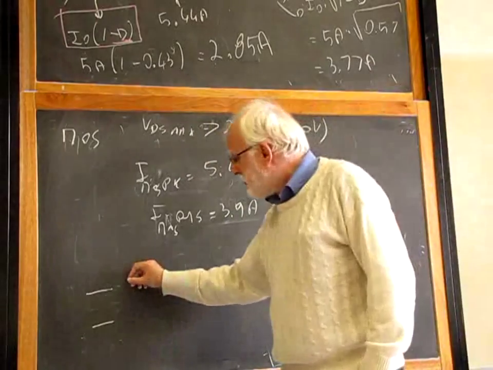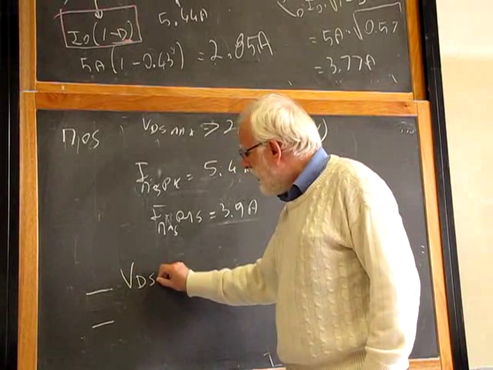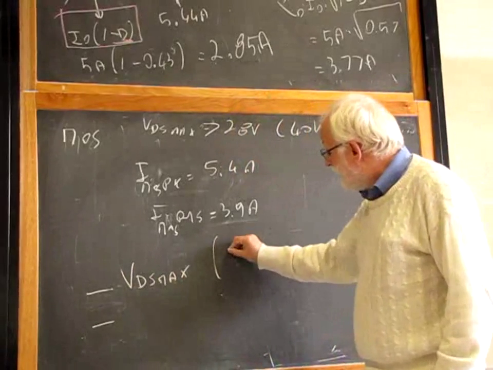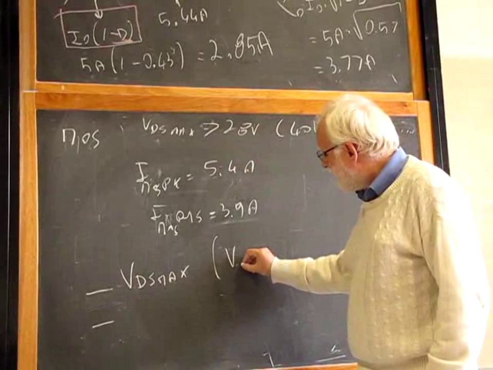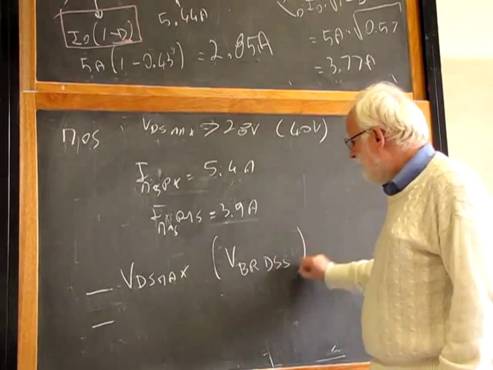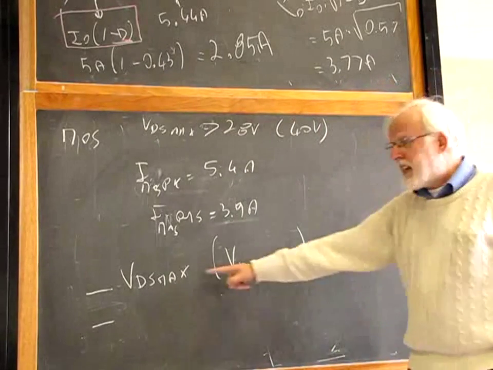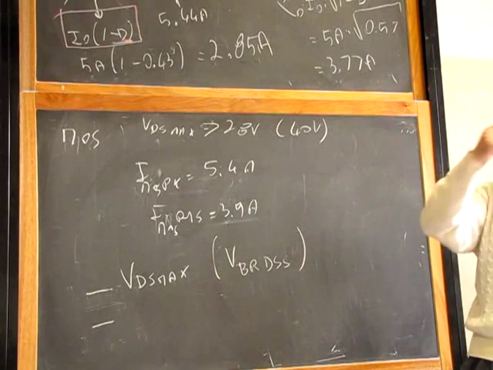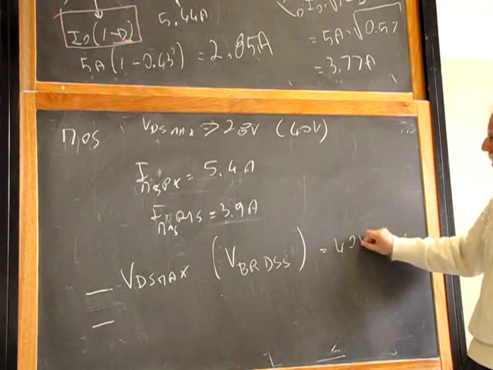The first is VDS max, and on the catalog you find it indicated as V(BR)DSS. This is the symbol you find on the data sheet. It is the maximum voltage that the transistor can sustain across it when it is open. And this is the number we found over here, 40 volts.